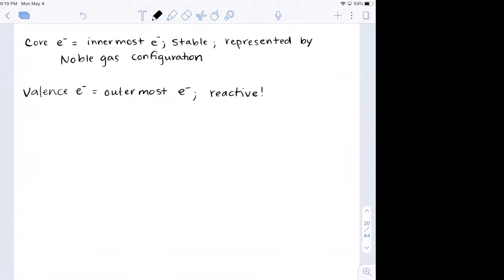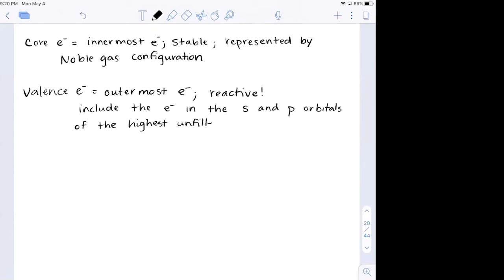And they include the electrons in the s and p orbitals of the highest unfilled n value.